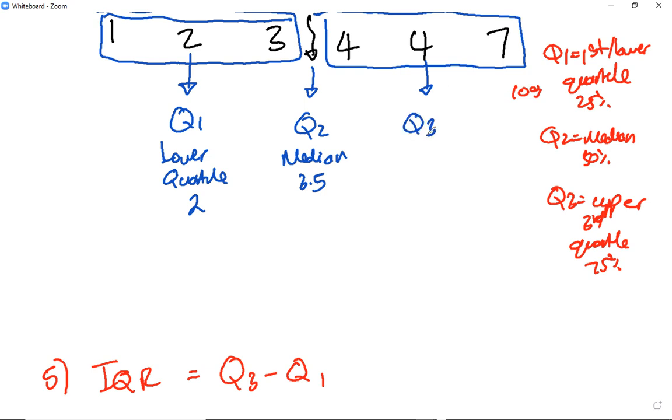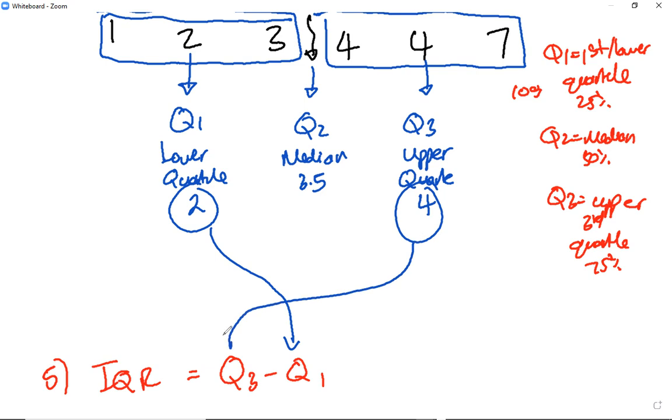So be open to possibly getting that. And that's going to be your upper quartile, which is simply the number 4. So Q1 is going to be 2, and Q3 is going to be 4. So that's going to be 4 minus 2, which is equal to 2. And that's my interquartile range, 2. All right.